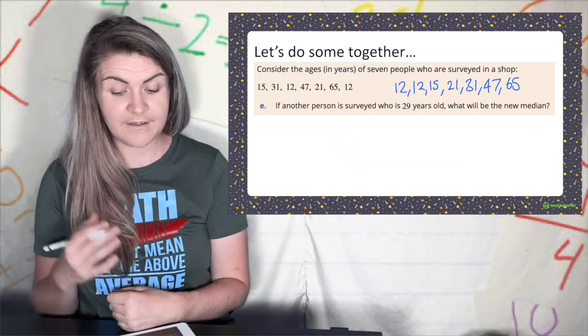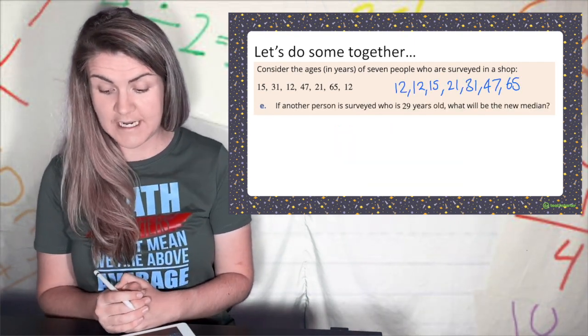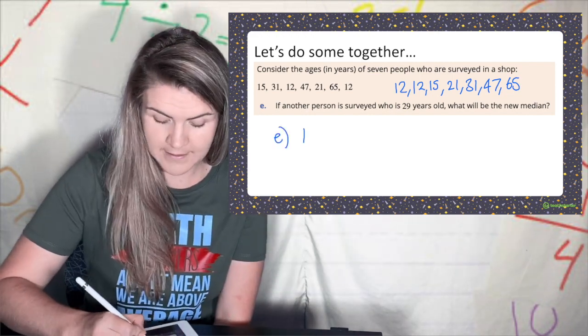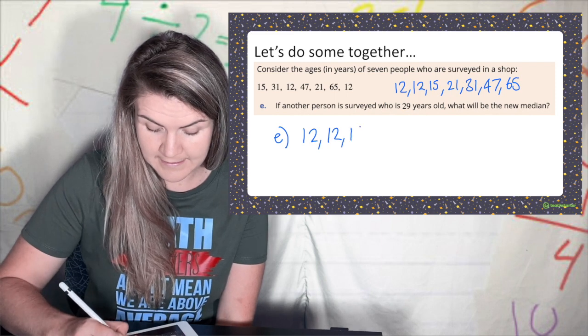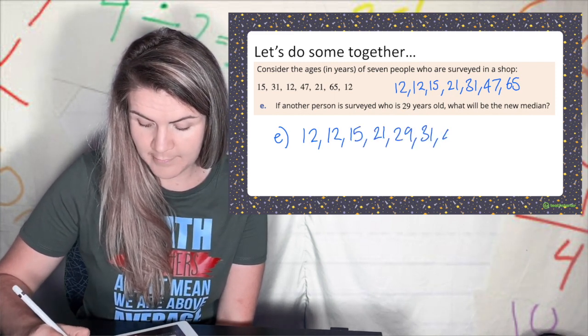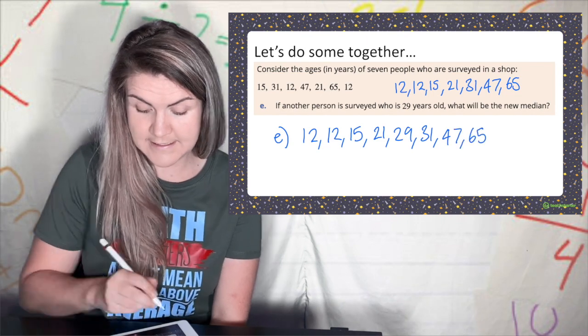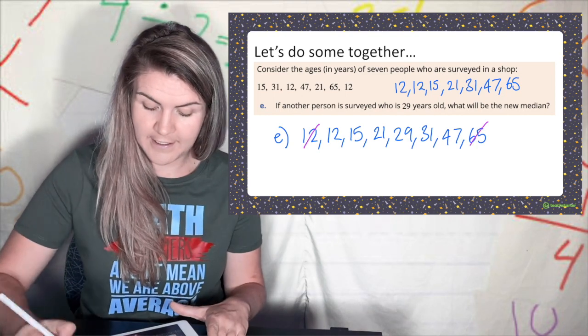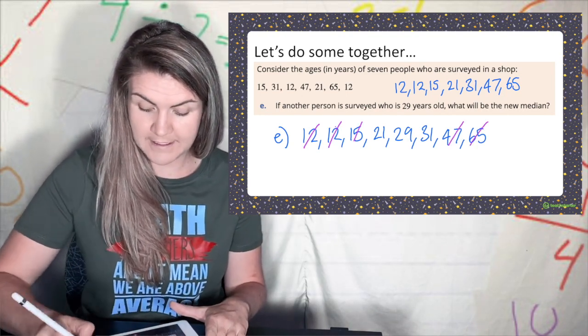Lastly, it says if another person is surveyed who is 29 years old, what will the new median be? Well, I need to write out my new data set, adding in the new number that I have, which is 29. Now I will have my data written out in ascending order, so I can just cross from the top and the bottom until I have only one or two numbers left in the middle.